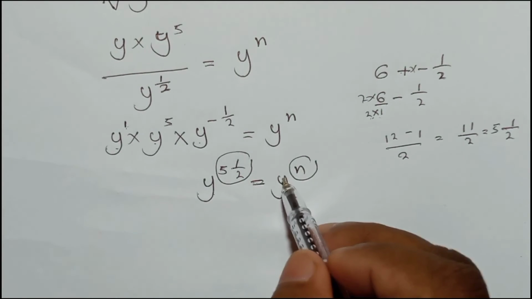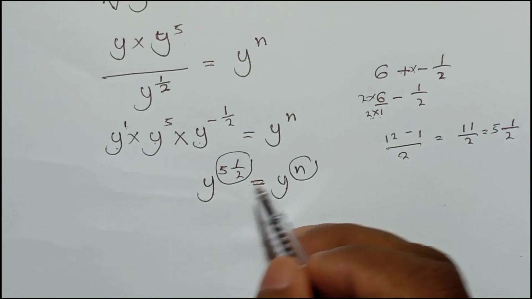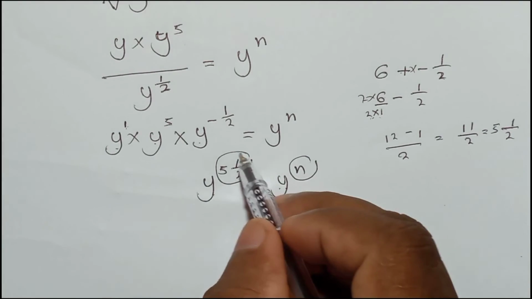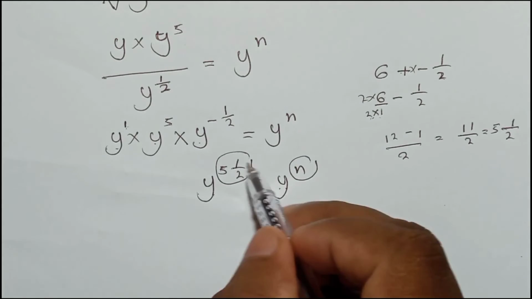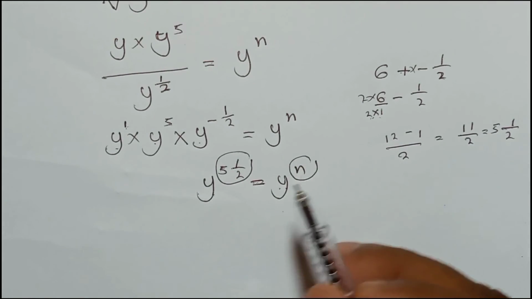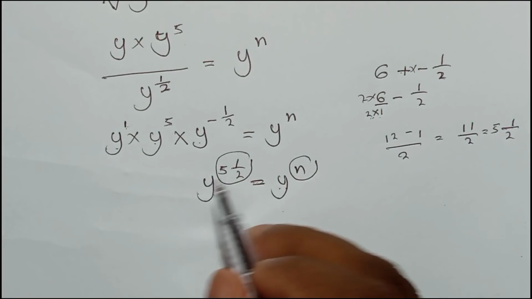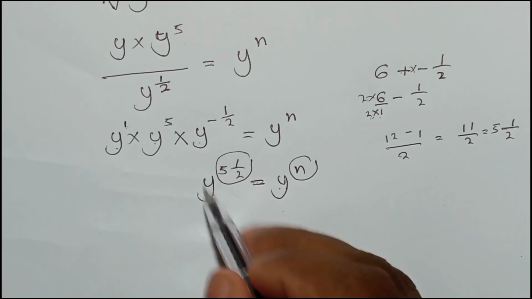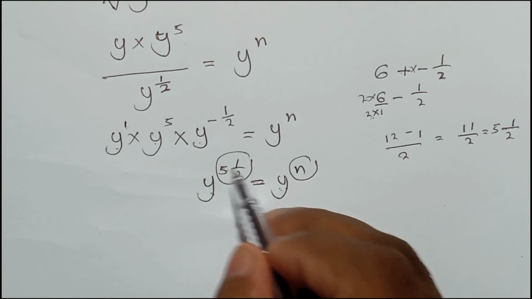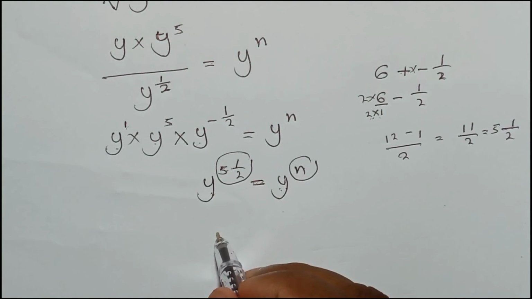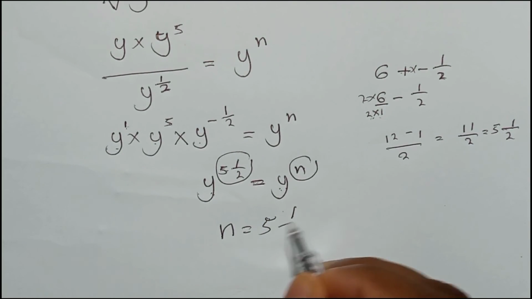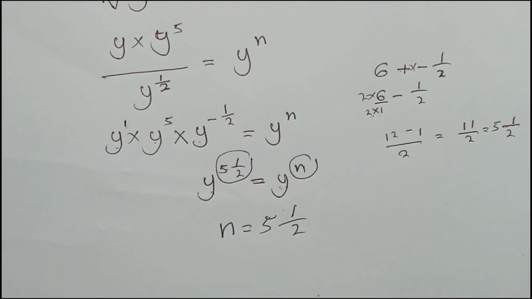When you have an equal sign and the base is the same, this index must be equal to this index. Here we have power, here also power, but the same base. That means definitely this index must be equal to this index. That's why you can write n equals 5 and half. That's the answer for n.